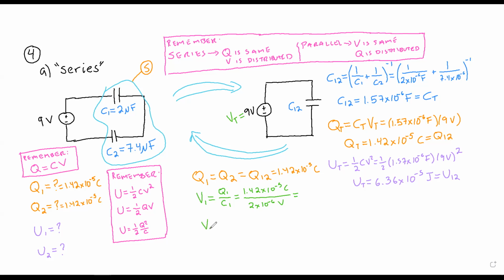And for voltage 2, we can use that formula to calculate just one voltage or the total. It's the same expression. That formula is the formula for the voltage in a capacitor, so it can either be the total one or an individual. And this would be 1.42 times 10 to the minus 5 coulombs divided by 7.4 times 10 to the minus 6. So what would those two voltages be if you could do those calculations?